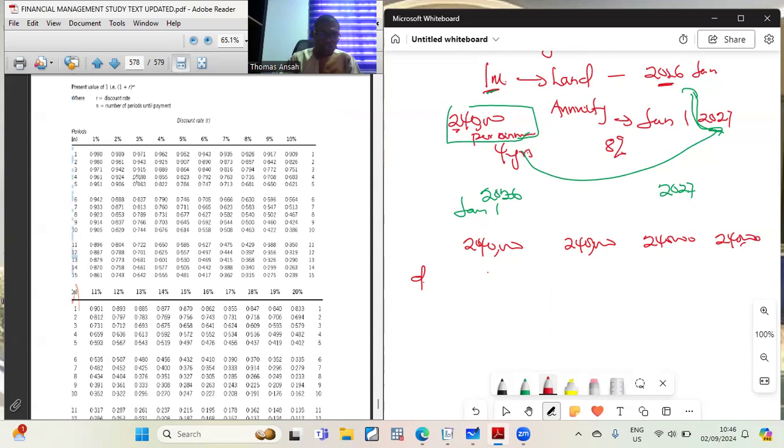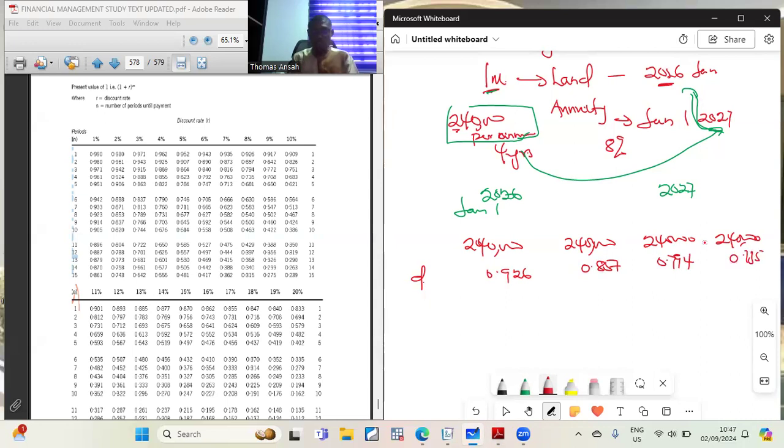So for 8% for 4 years: year 1 is 0.926, year 2 is 0.857, year 3 is 0.794, then we have year 4, 0.735.